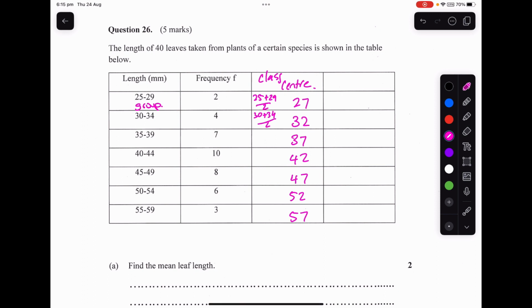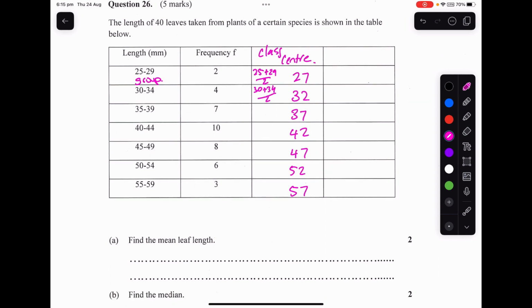Now, to find the mean here on our frequency table, we find our f times x column. So that means our frequency times our class center, our score. So we're going to do 2 times 27, which gives me 54. 4 times 32, 128. 7 times 37, 259. 10 times 42, 420. 8 times 47, 376. 6 times 52 is 312. 3 times 57 is 171.